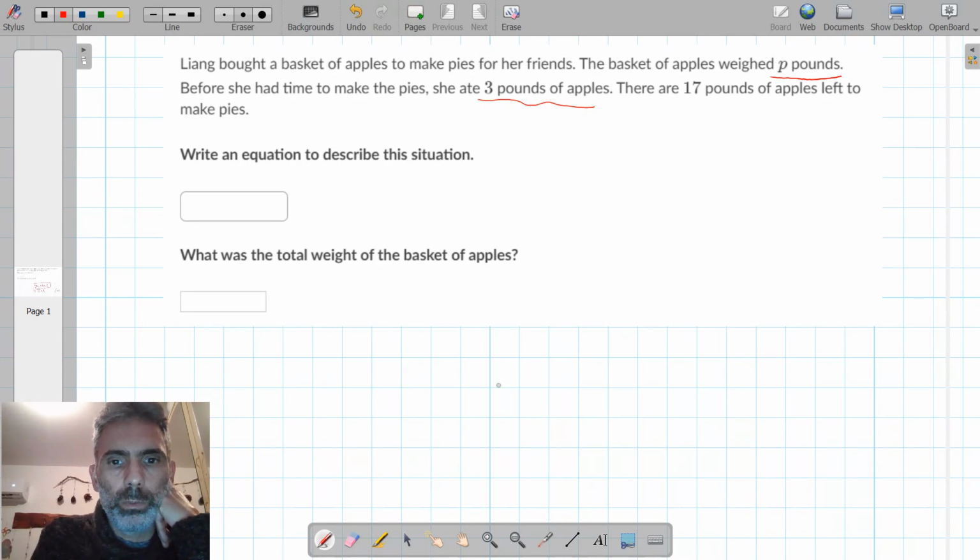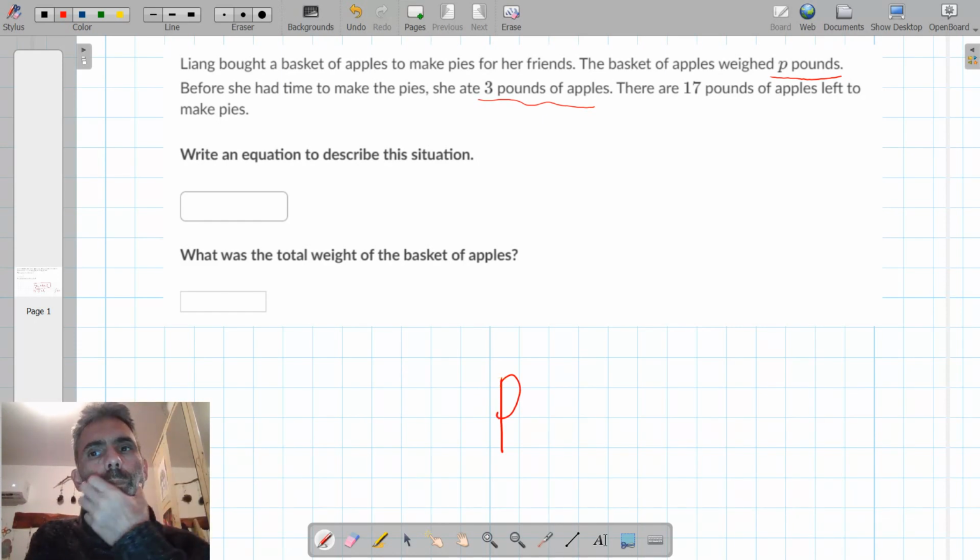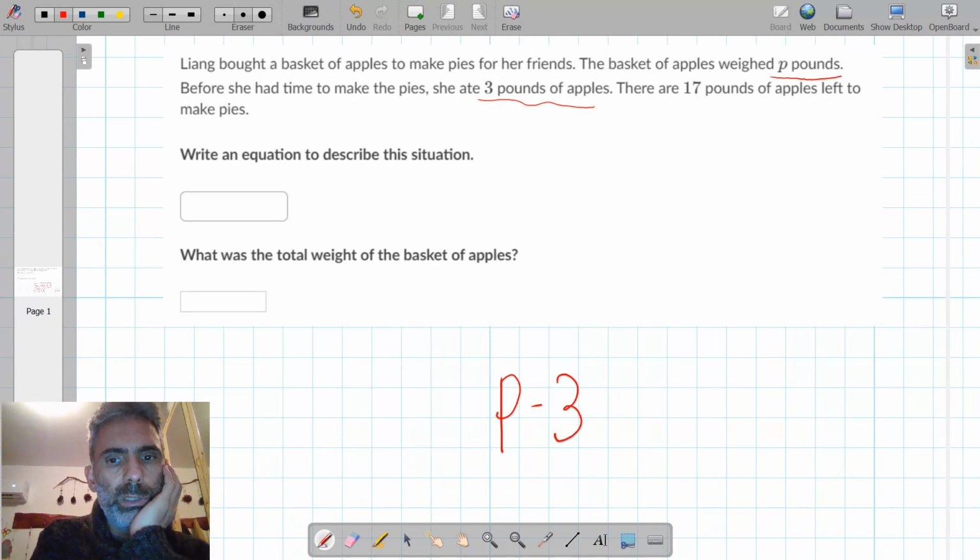Okay, so p is the original number of pounds in the basket. And we know that she ate 3 pounds of apples, which means we need to subtract 3 from the total number of pounds that we had in the basket to begin with.